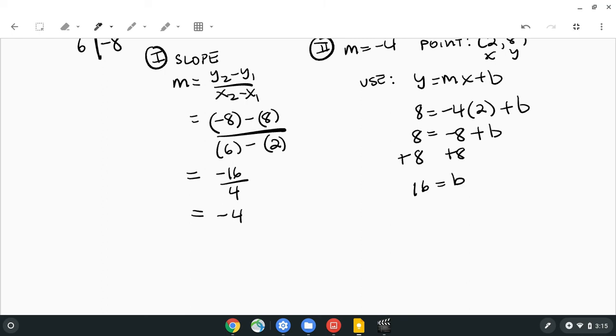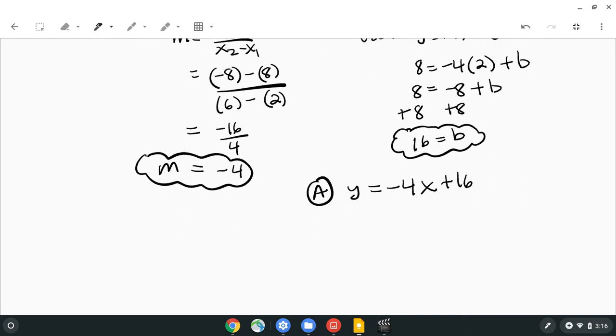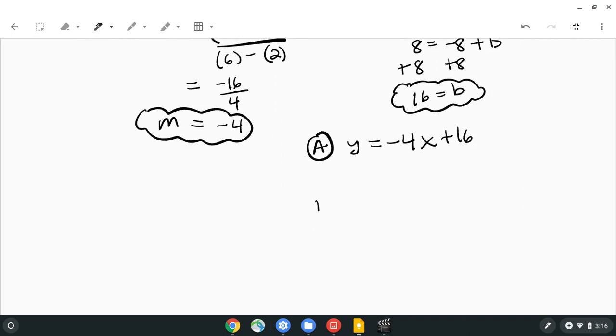Okay, so I have my m over here, and I have b over here. So I can write my answer for letter A. Letter A, slope-intercept form, is y equals mx plus b. Okay. And then for standard form, I'm going to take that answer and bring the x and y on the same side.